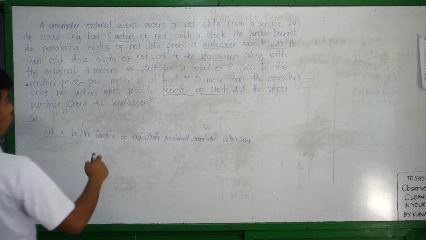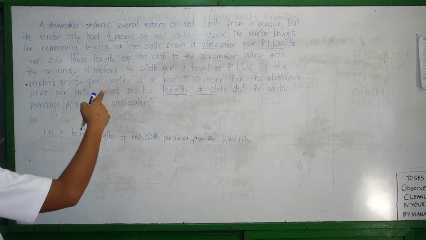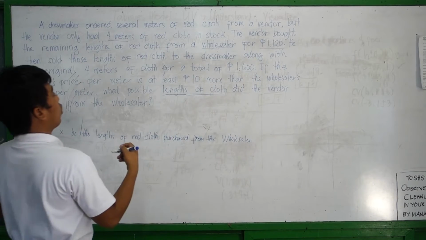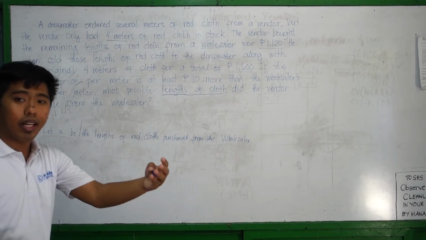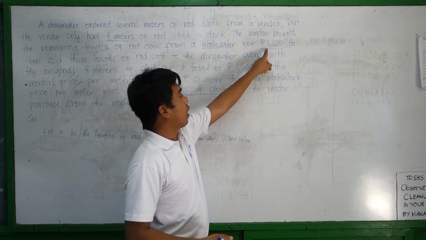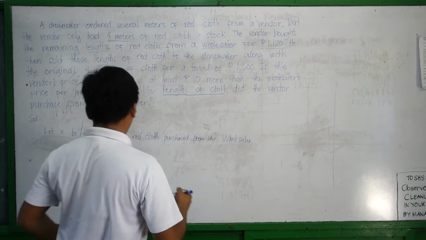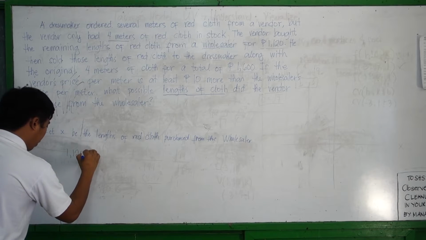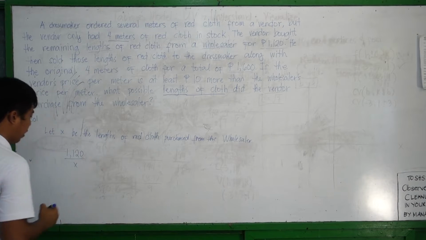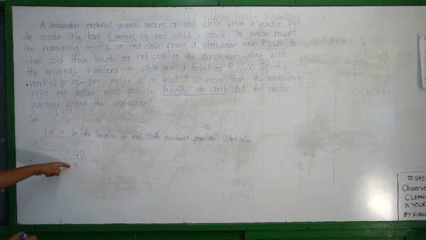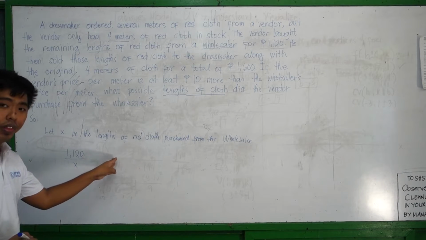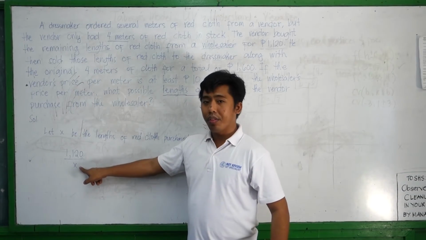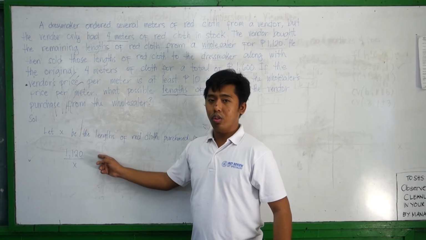For the first one, the vendor paid 1,120, so 1,120 over X. If we divide it by the length, we get the price.